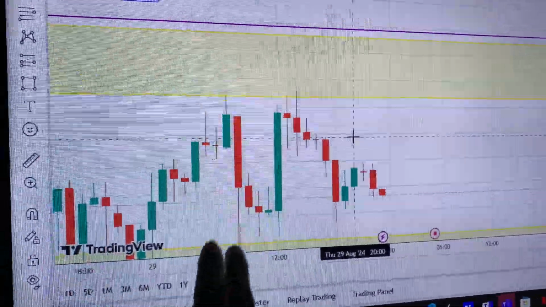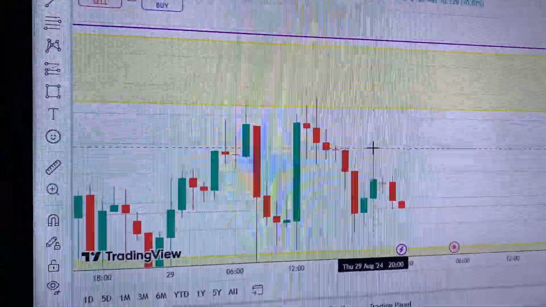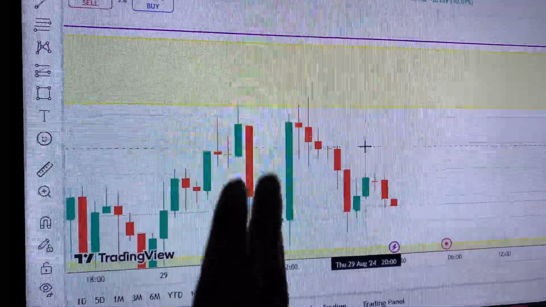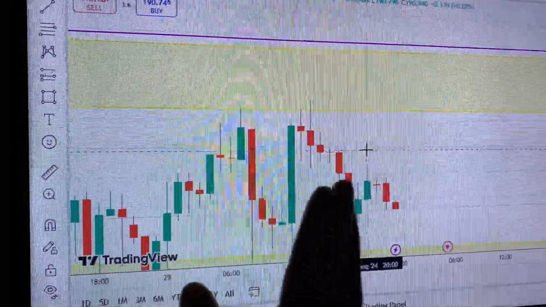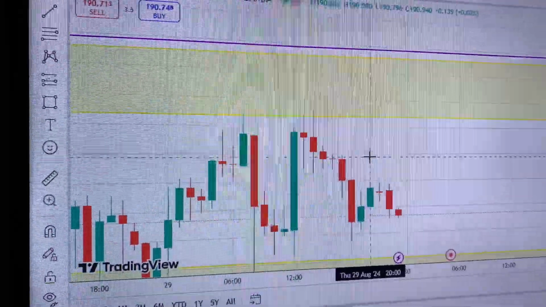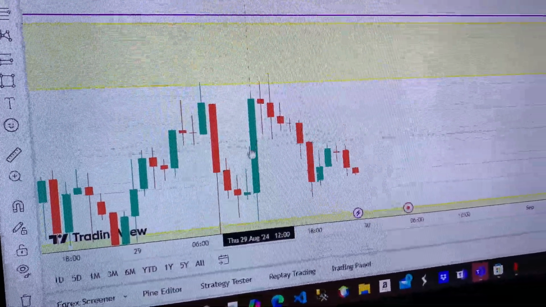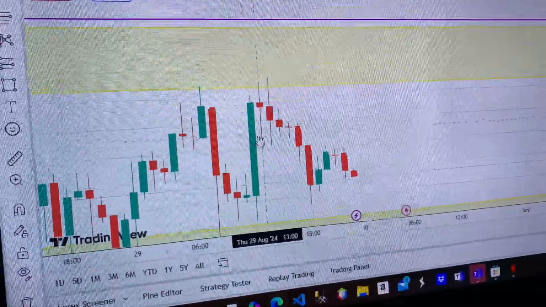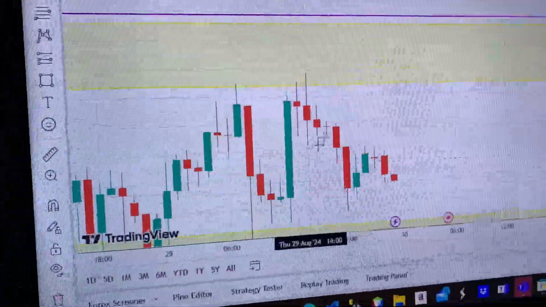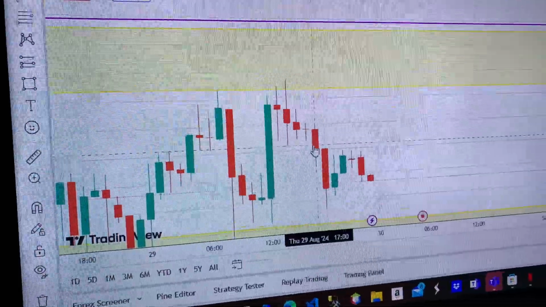Actually, the United States dollar is affecting this particular pair, because the news came out today of the United States GDP, which was this green bar that happened here. So I used the economic news as my third confirmation.